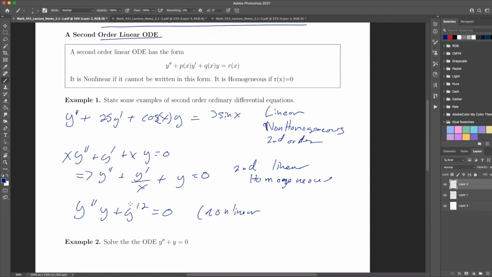Gee, this is really bad notation, isn't it? My y's look a little bit like g's. So hold on. This is y prime squared. Get rid of it. There we go. So if I have y double prime times y, that makes it nonlinear. And if I have y prime squared, that makes it nonlinear. If I have any powers on this or I multiply it, any of this will make it nonlinear.